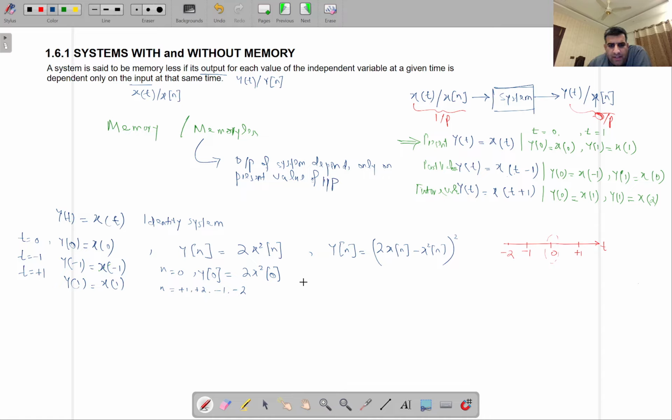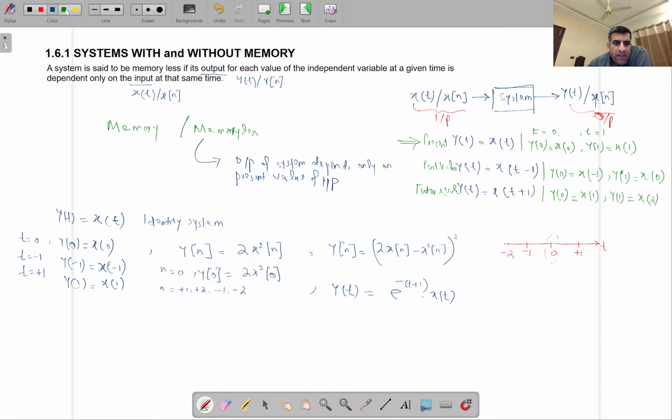Okay, so here is another example, which is a bit tricky. Let me give you that as well. Let's say we have a system y of t is equal to e raised to power minus t plus 1, times x of t. Now by looking at the system equation, one might imply that since we have a t plus 1 over here, the system is going to be a memory-based system.